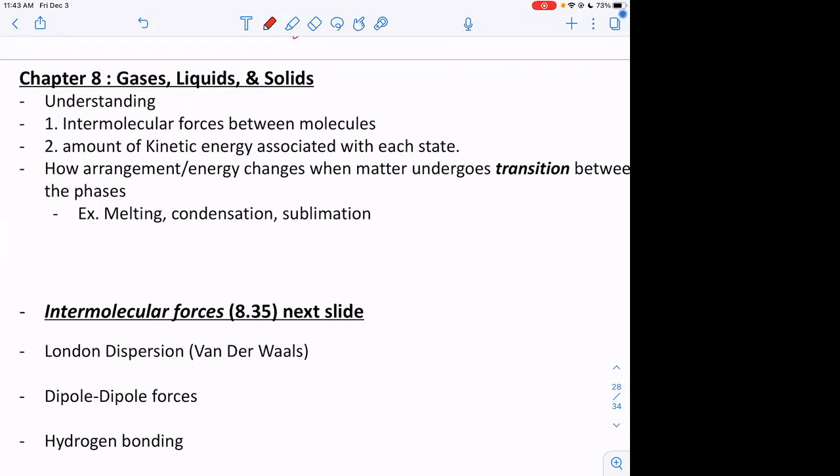Think about a gas. They're moving around, but are they interacting with each other? No, they're not sitting together like they are in a solid. So we said gases have low amounts of intermolecular forces but high kinetic energy. We said solids have high amounts of intermolecular forces and low amounts of kinetic energy.